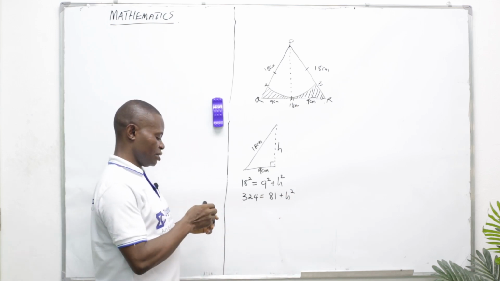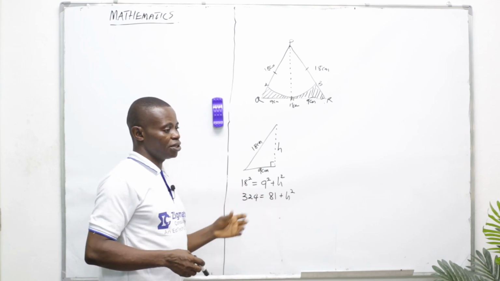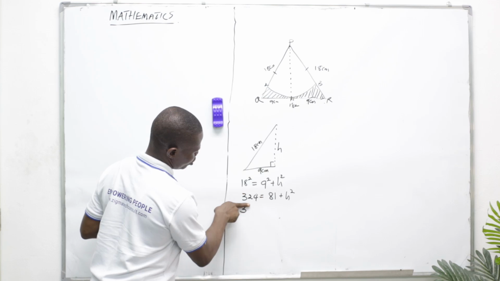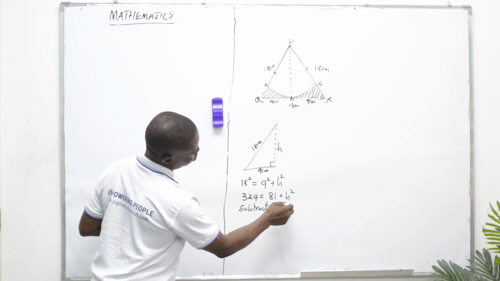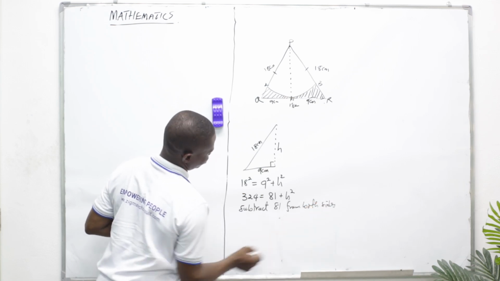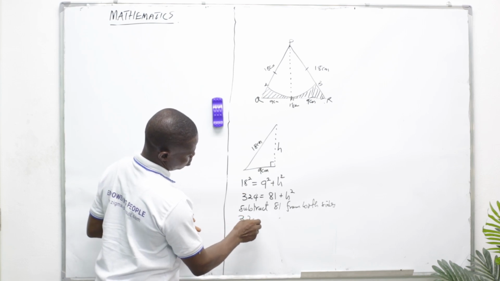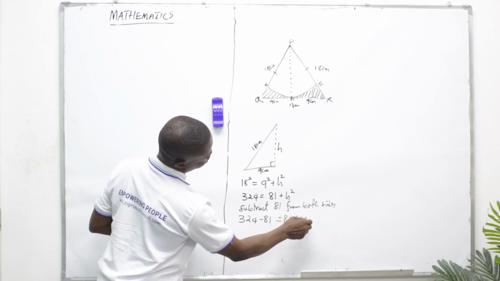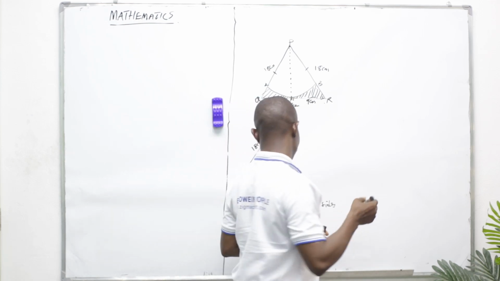How do we get h? 81 is under addition, so we subtract 81 from both sides of the equation. This is 324 minus 81 equals 81 minus 81 plus h squared, so that this can easily be eliminated.